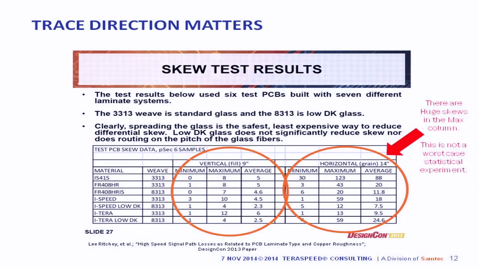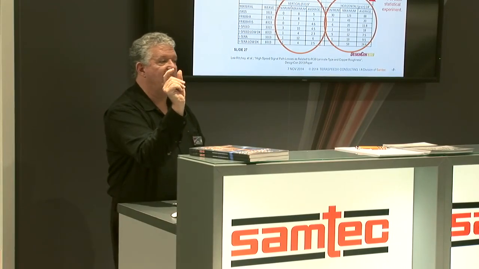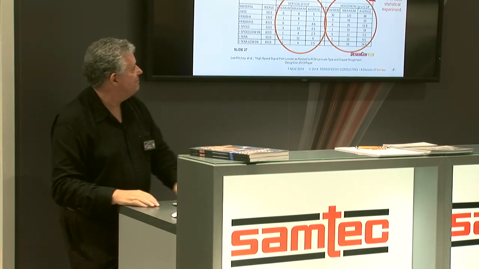So in about 14 inches of trace of a differential pair, 123 picoseconds, that's equivalent to reducing or increasing the length of the trace by about, well, 3/4 of an inch, and I don't know what that is in metric.